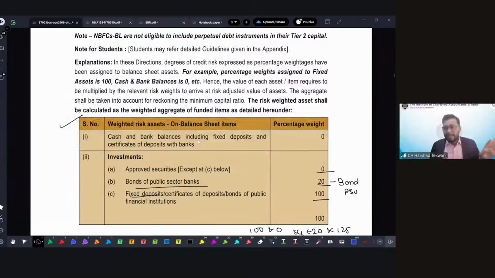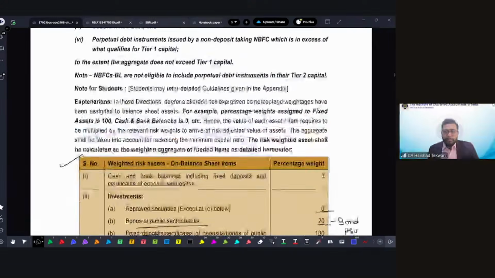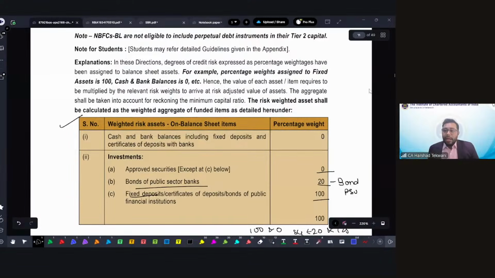So the entire table is done. One more question: whether the study material, whatever is given, is enough, or whether we have to refer to the provisions of the original act, as you showed, sir? See, again, whatever is given in your study material can be asked in the exam. But if there is a reference given for a particular section or provision, a question can be asked on that.